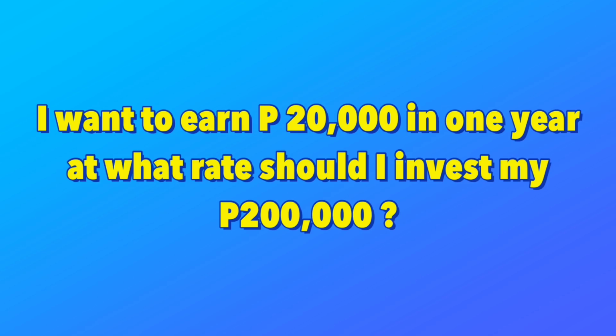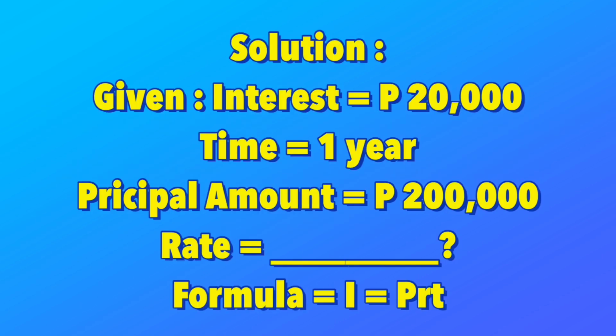So the first thing we do is to write down all the givens. The given interest is 20,000. The time of transaction is 1 year. The principal amount is 200,000. And the missing is the rate.